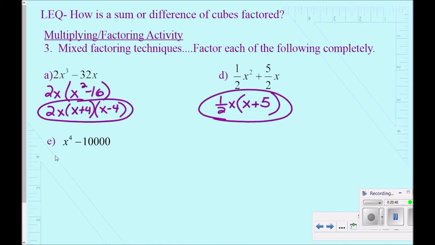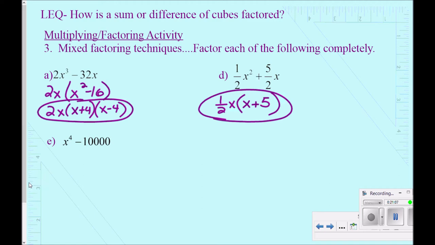The way that I can tell the difference between difference of cubes and difference of squares is by checking the exponent. When it's a 4, it's always going to be difference of squares, or doesn't factor at all. When it's a 3 exponent, it's always going to be difference of cubes, or it doesn't factor.